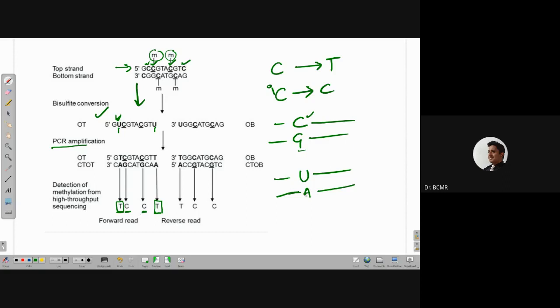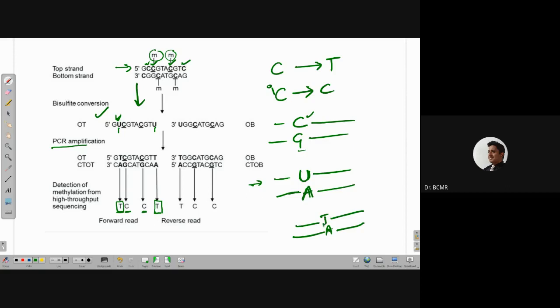Because if you convert U to A here and then again do PCR, the lower strand would involve the incorporation of thymine in that location by base pairing.